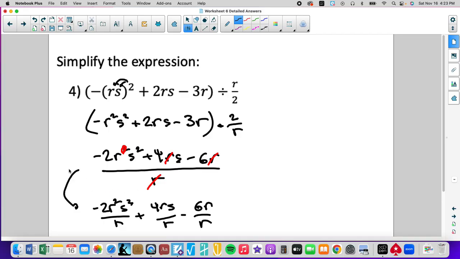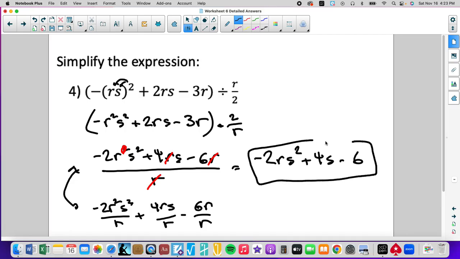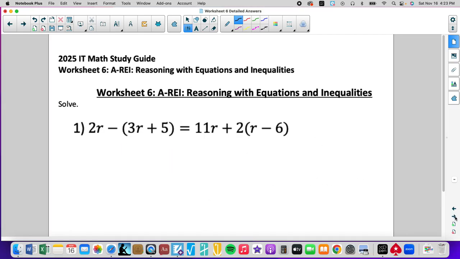These are the same statements, and that will give you negative 2rs squared plus 4s minus 6 as your answer. All right, now let's use that in solving equations.